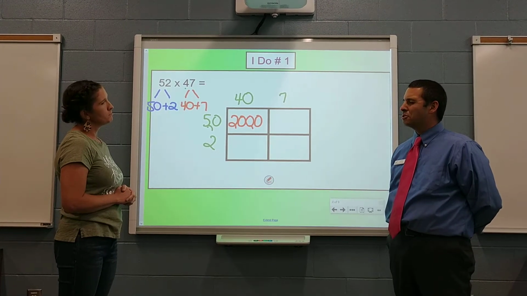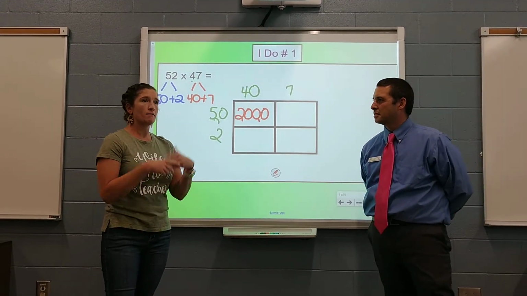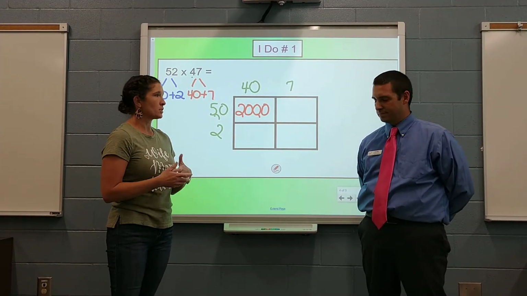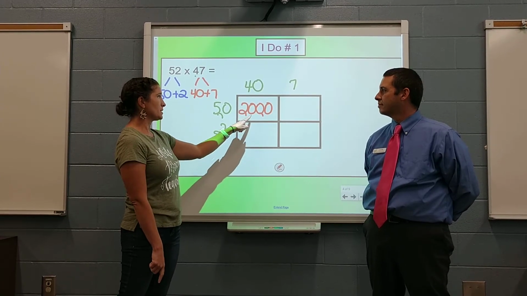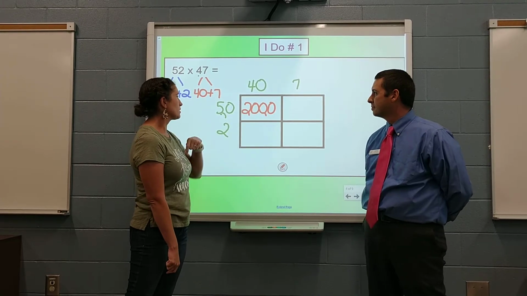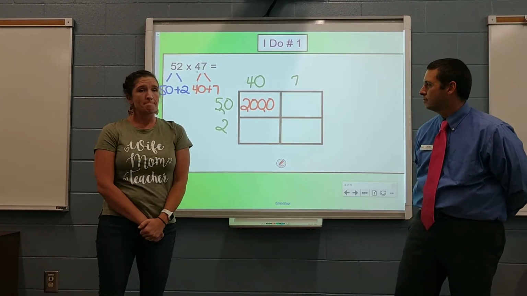So why would you say 2,000? How did you get that? I'm thinking back to my multiplication facts. I know that 5 times 4 is 20, right? But then I have these 2 zeros, so I can put those on the end to give me 2,000. Okay, beautiful.